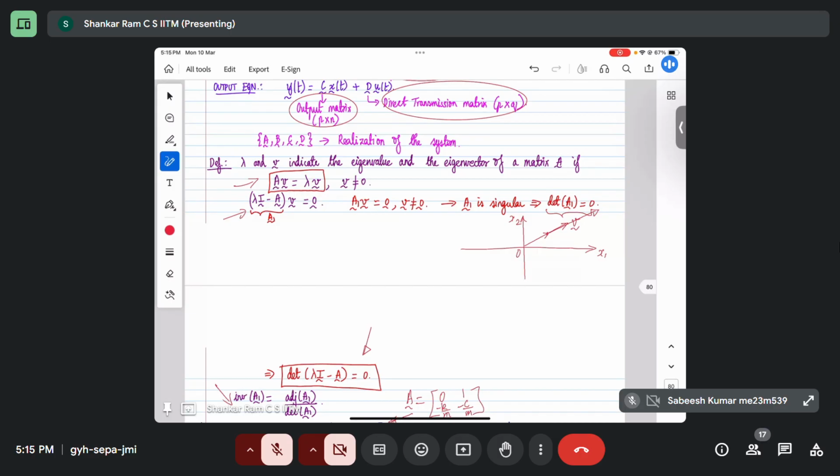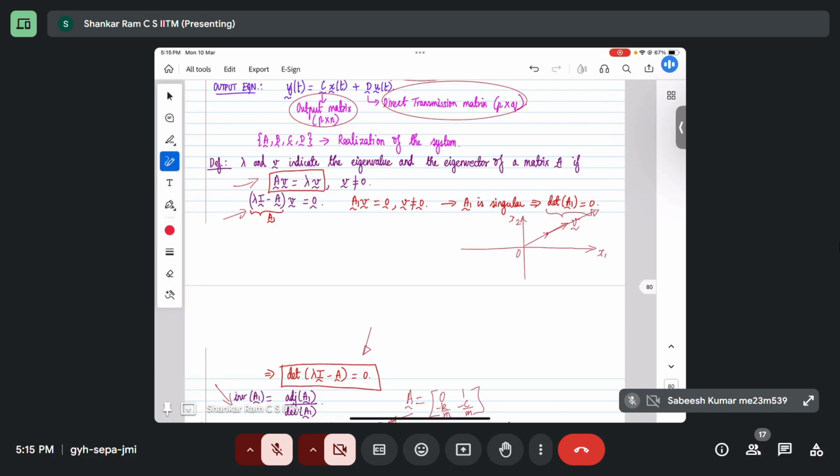If you visualize a vector as represented by a directed line segment, what we call an arrow, an eigenvalue can scale it up or down, or it can also change its direction if it's negative. That's a very simple graphical visualization of an eigenvalue.